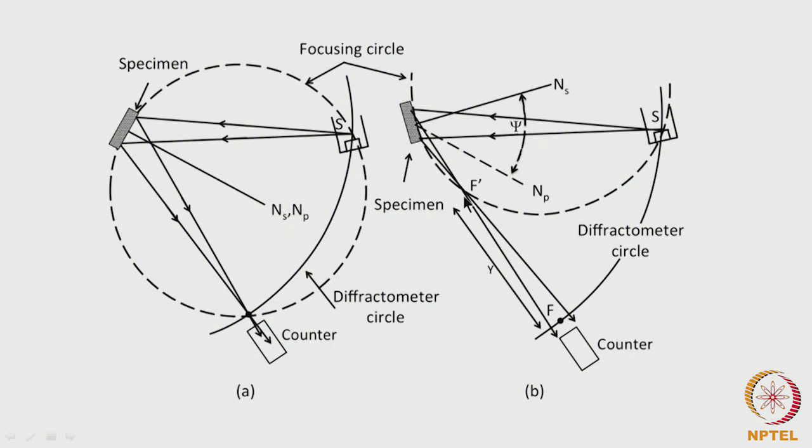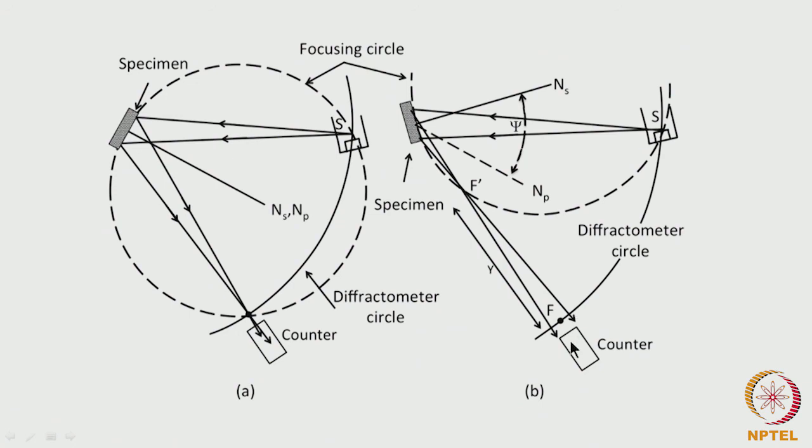Now, in this case, the diffracted beam gets focused at f prime, much before it reaches the counter. So, if it is focused at f prime, then in the counter the intensity will be much less. In order to avoid that, we can use a bigger slit here, but in that case the resolution will be very poor.